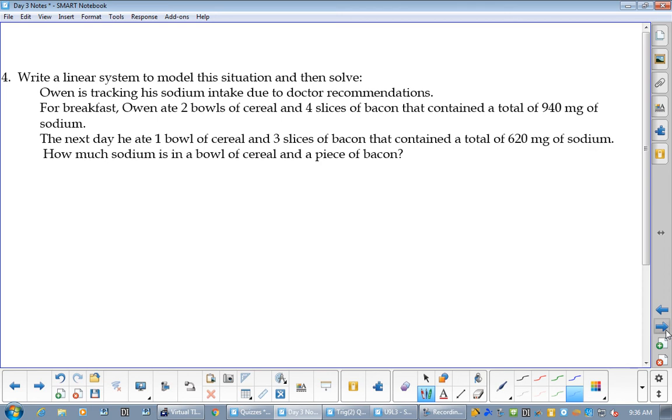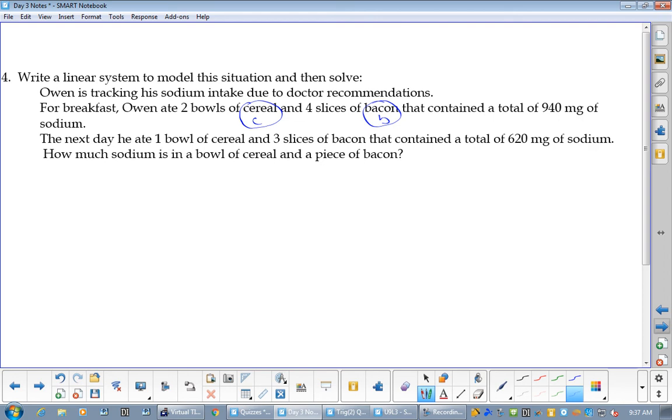Okay, so what are some good variable letters? Yeah, how about C for cereal and B for bacon? Well, that would actually, that's not a variable, right? I know how much. It's a constant. Right?